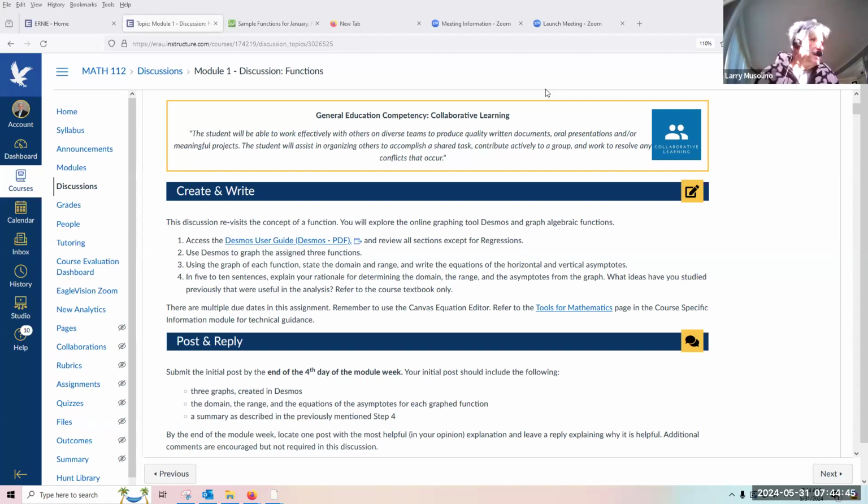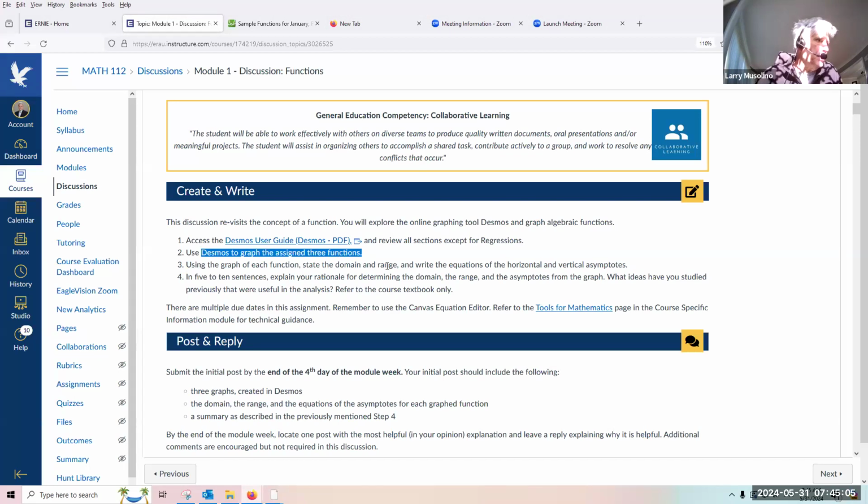A few students were asking me for a little bit of help on graphing these functions. So let's take a look here. First it says, review the Desmos user guide. Desmos is a free online graphing tool. And then it says use Desmos to graph the assigned three functions.